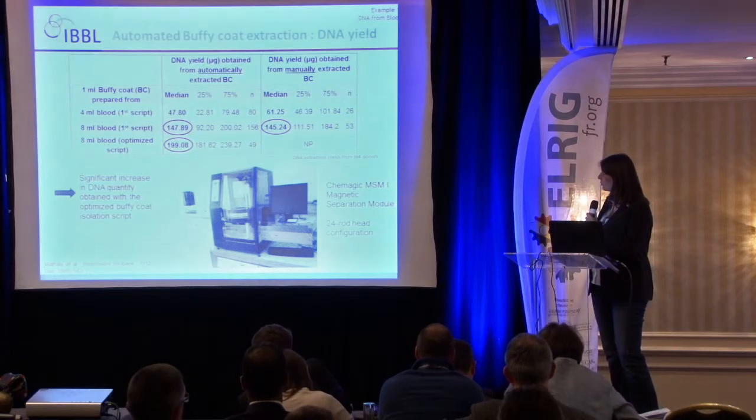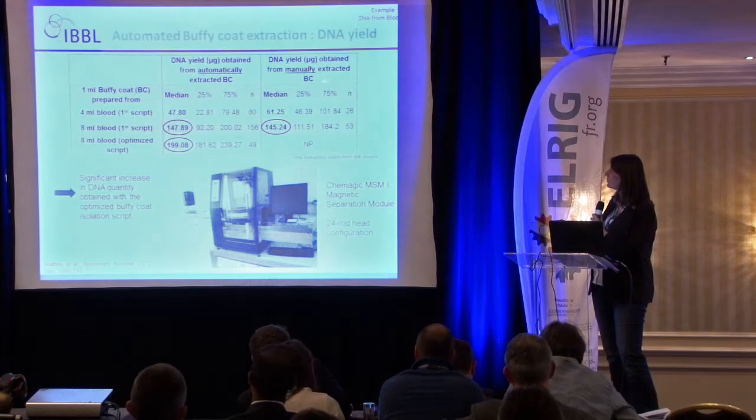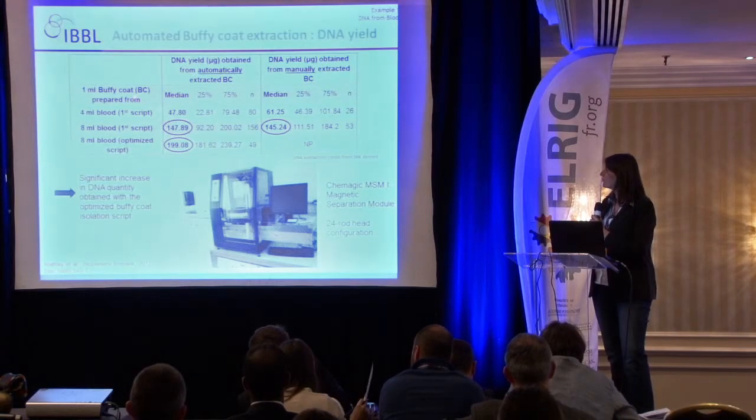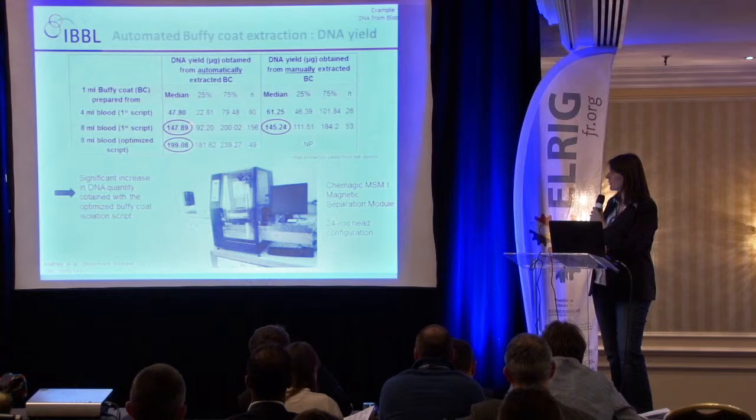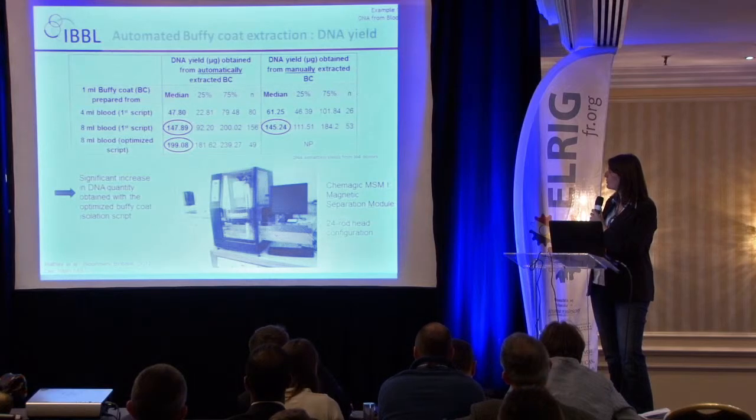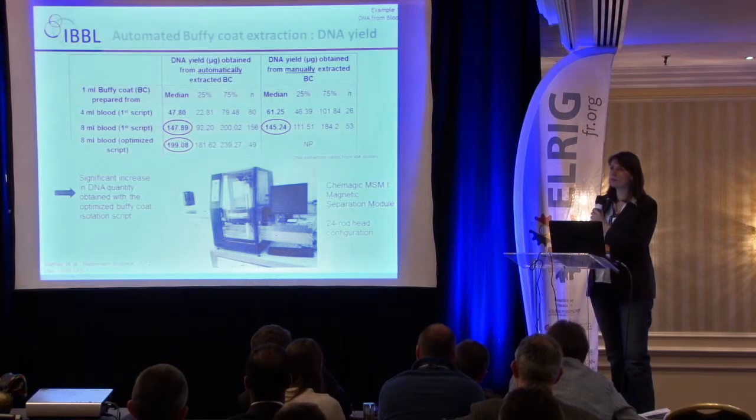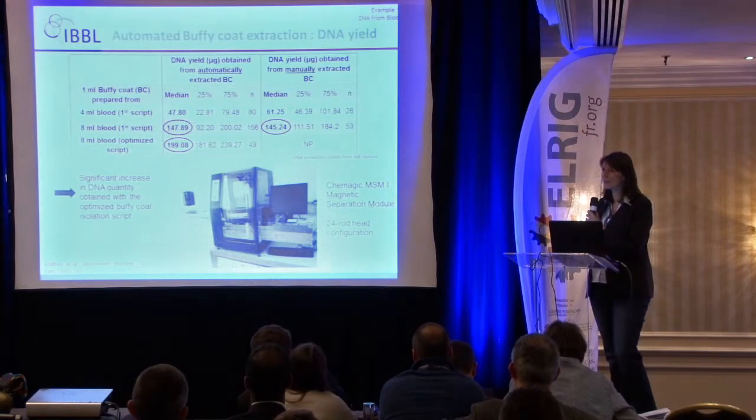And what we could show when you compare automatically prepared buffy coat to manually prepared buffy coat: for the first script that was done on the TECAN, we had quite the same amounts of extracted DNA, around 150 micrograms. But when we then optimized the script, here we could reach around 200 micrograms of DNA.